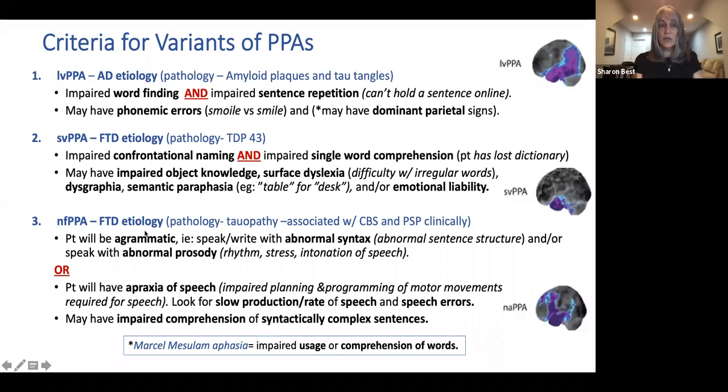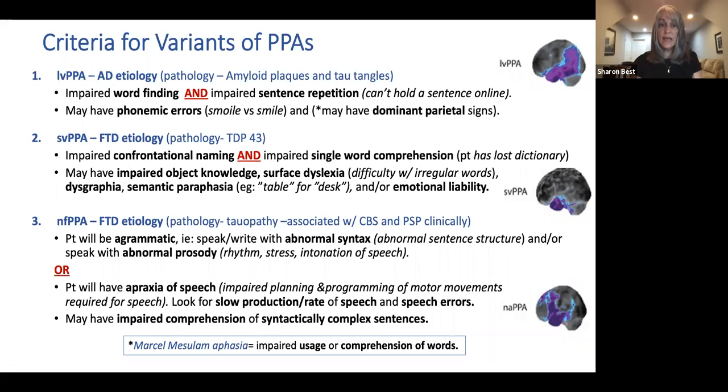Now, looking at the non-fluent PPA, these patients must have either of these first 2 bullets. In contrast to logopenic and semantic, which must have both, non-fluent agrammatic only needs to have one of these top bullets. So agrammatism is an abnormal syntax or abnormal sentence structure when they're talking. They may leave out vowels or endings.